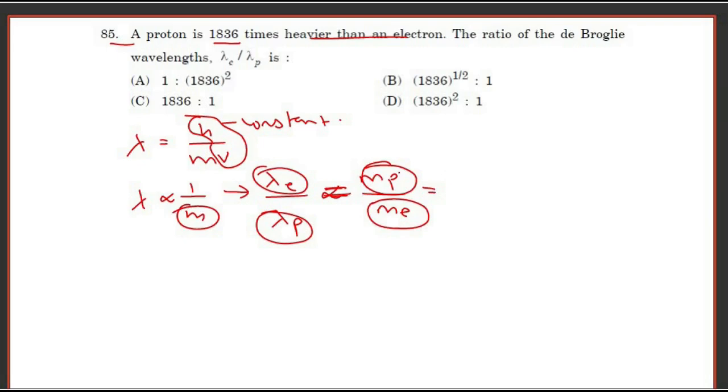Hence here mp is given, that is 1836 times the mass of electron, which is 1. Hence the ratio is 1836 is to 1. Option C is the correct answer.